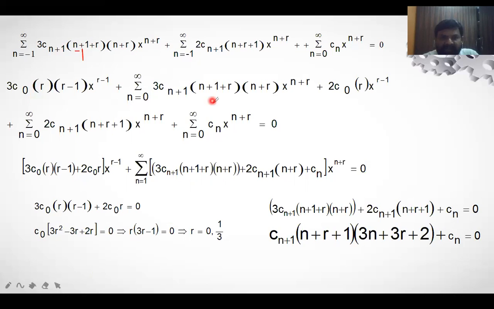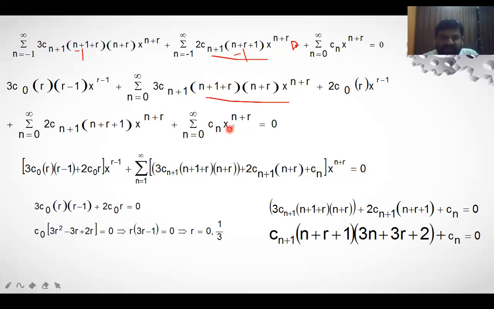Similarly for the second term, put n equal to minus 1. The minus 1 plus 1 gets cancelled, so that value is 2c0, r x raised to r minus 1, and the remaining is 0 to infinity. There is no change in the third term, that is summation n equal to 0 to infinity Cn x raised to n plus r.